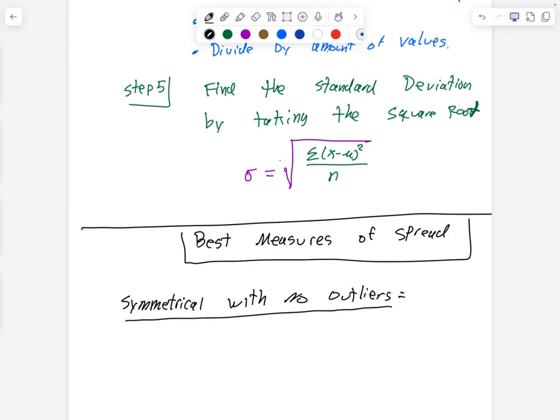So when the data is symmetrical with no outliers, the best measure of center is the mean. The best measure of spread is the standard deviation. They're linked together. If you're going to describe the mean, you describe the standard deviation. One is for center, one is for spread.